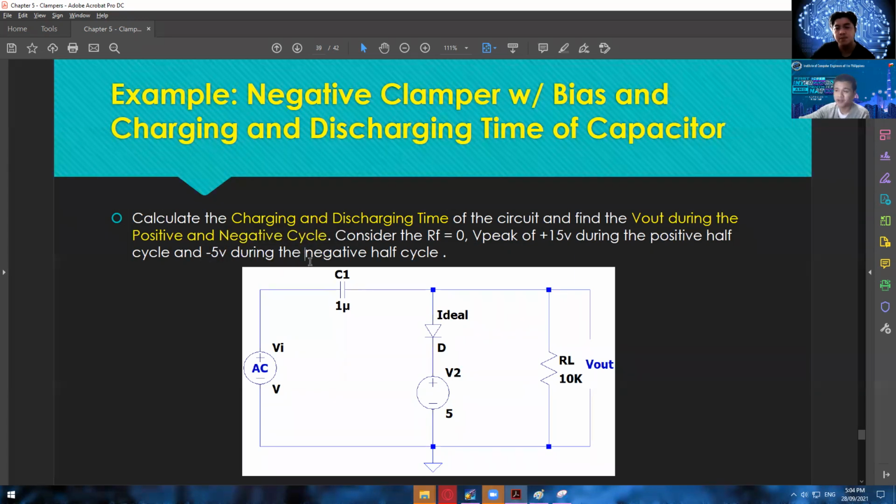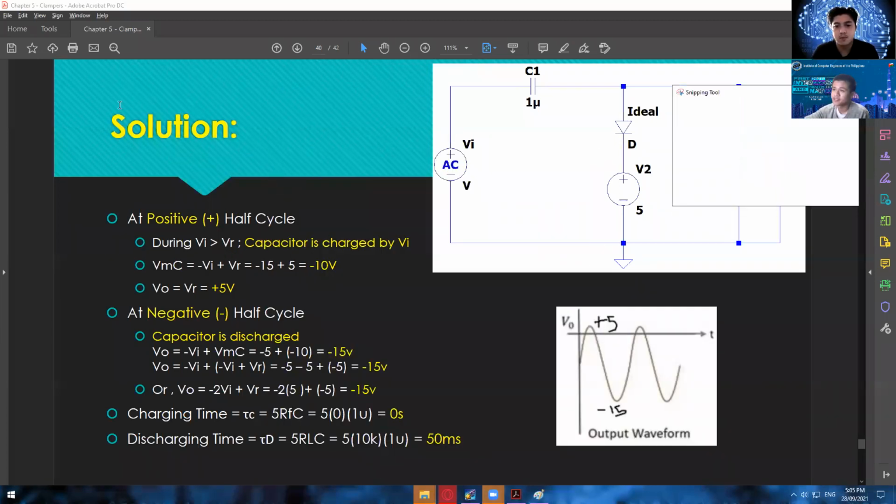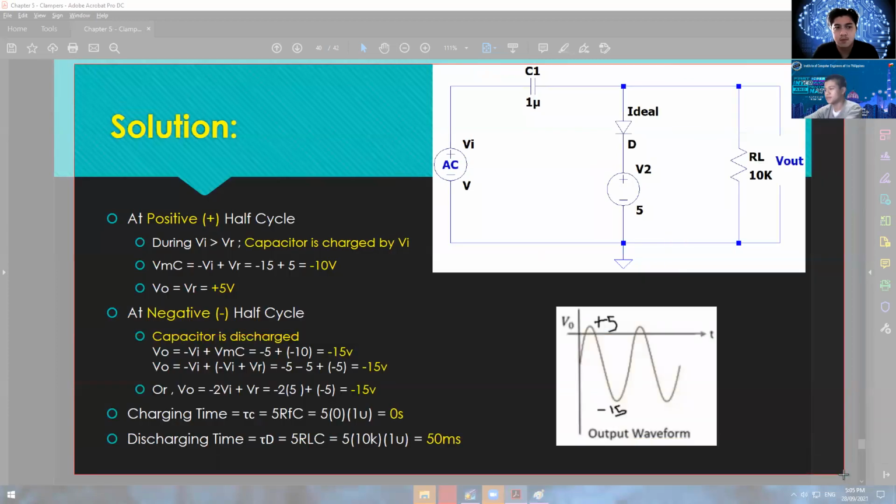So this is another one of the twists. It doesn't mean that if you have a 15 volt input for the positive, you will also have a negative 15 volts for the negative half cycle. We can control that, wherein during the positive half cycle we only have 15 volts, and during the negative half cycle we only have negative 5. Okay. So in here, of course, we will start. I'll just take everything so I can draw on it.